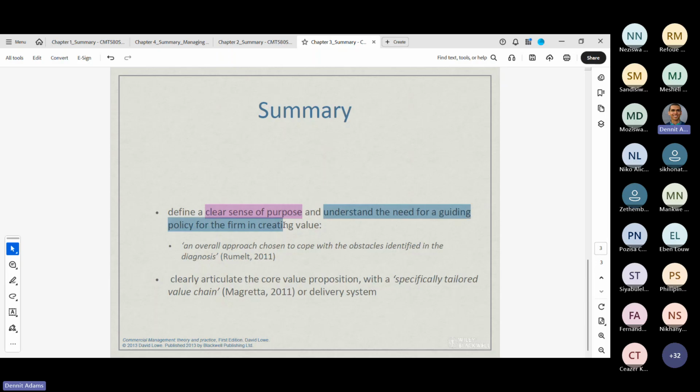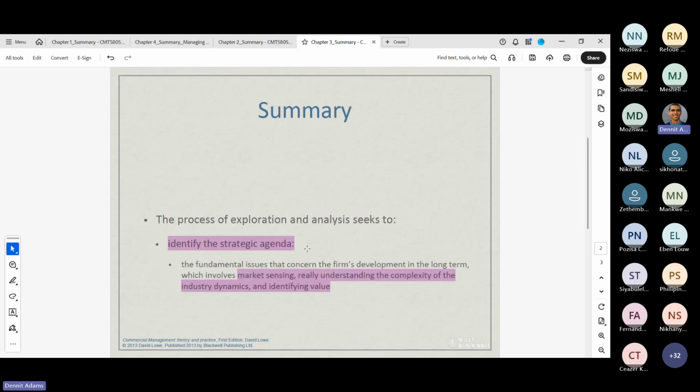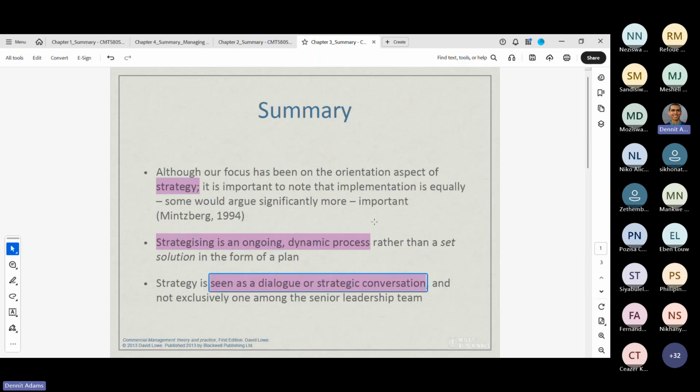Creating value. We talk about market differentiation, core value proposition. And then within chapter 3, you can look at the different styles, so Porter's 5 forces or SWOT analysis. We spoke about SWOT analysis and the different tools, but there are others that you can go through there.